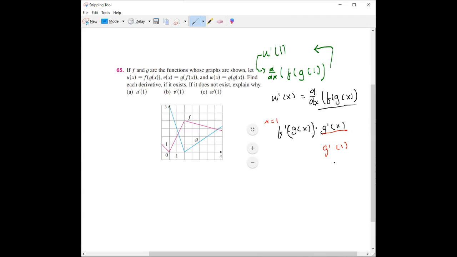Our most basic understanding of the graphical meaning of a derivative is the line tangent to the curve. It's the instantaneous rate of change. It's the slope of the line tangent to the curve. What is the slope of g when x is equal to 1?